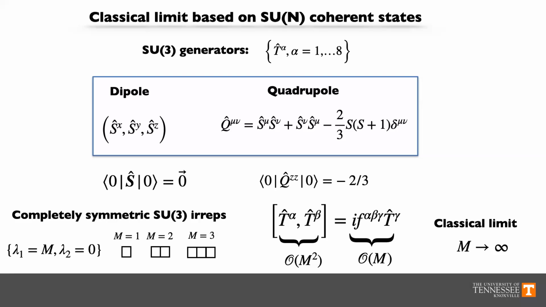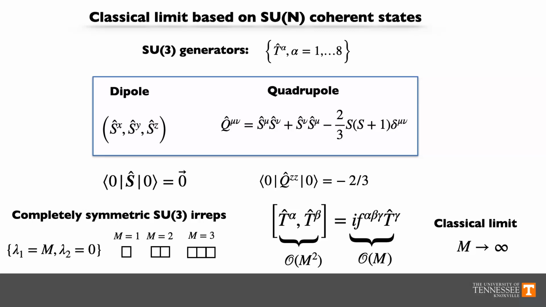Good. So now we can consider this sequence of irreducible representations, if you want to see them in terms of Young tableaus. What is important about this sequence is, first of all, m equal to 1 corresponds to the 3-dimensional fundamental representation of SU3, the one of interest if you want to describe a 3-level system.